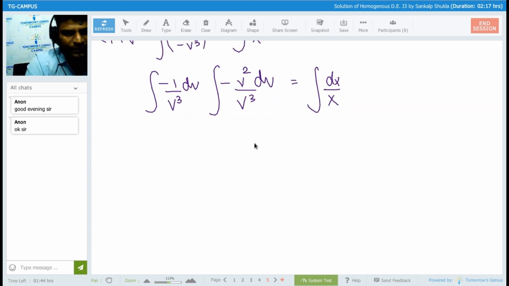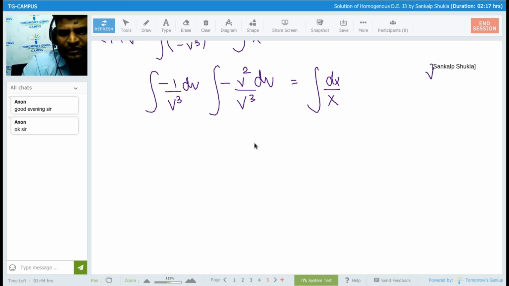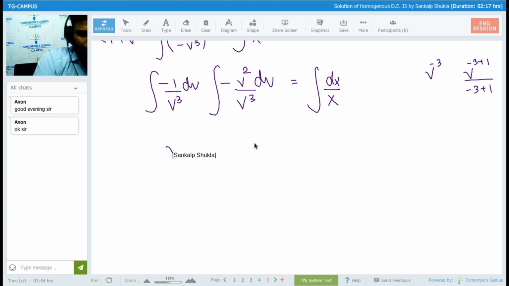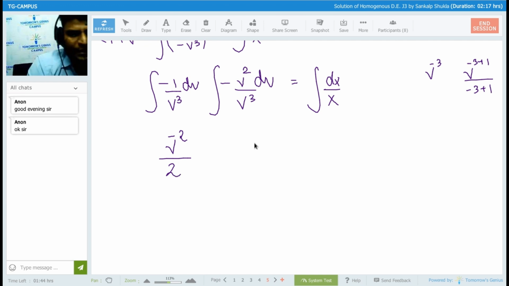So what is the integration of minus 1 by v cube? This will become v raised power minus 3, so integration will be v raised power minus 3 plus 1 upon minus 3 plus 1. Minus 3 plus 1 is minus 2. So v raised power minus 2 upon minus 2, that means only 2, because minus and minus will get cancelled.